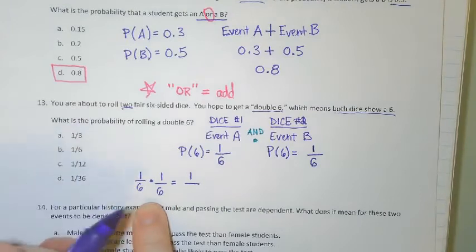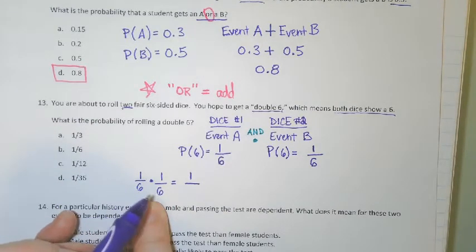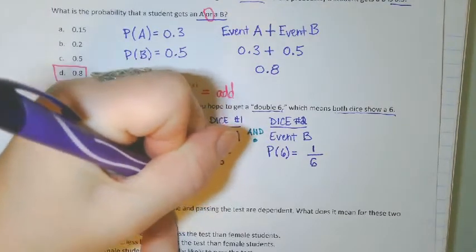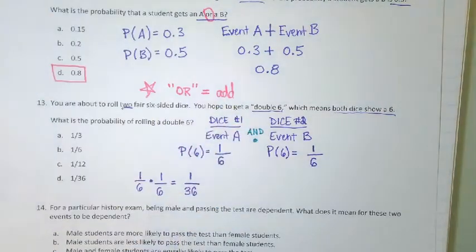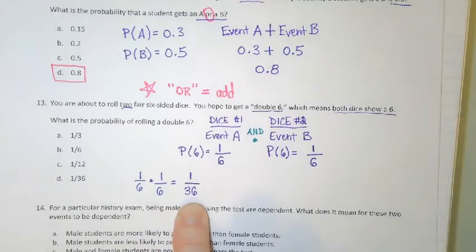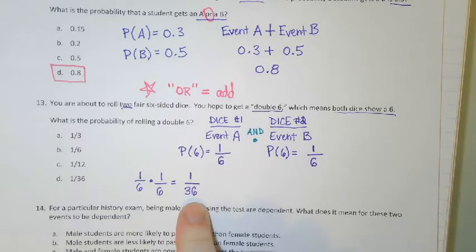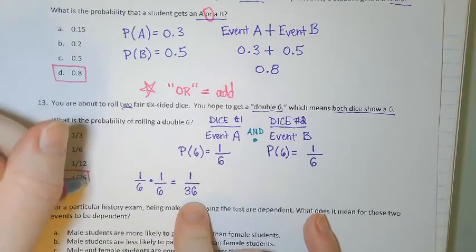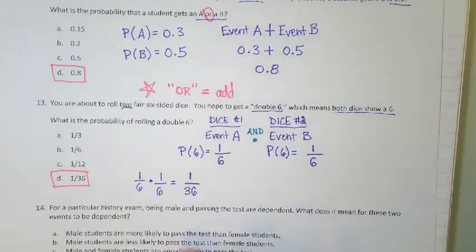Now to the bottom, I'd have 6 times 6, which is 36. So that tells us that if I roll 2 dice, the chances of both of them landing on a 6 would be 1 out of 36. So in this case, our answer would be D.